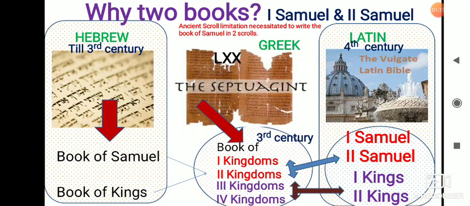In the Vulgate Latin translation in the 4th century, around 382 AD, Jerome altered the title from 1st and 2nd Kingdoms to the book of 1 Samuel and 2 Samuel, since the book contains a large account of Samuel from his birth to his death, from chapters 1 through 25.